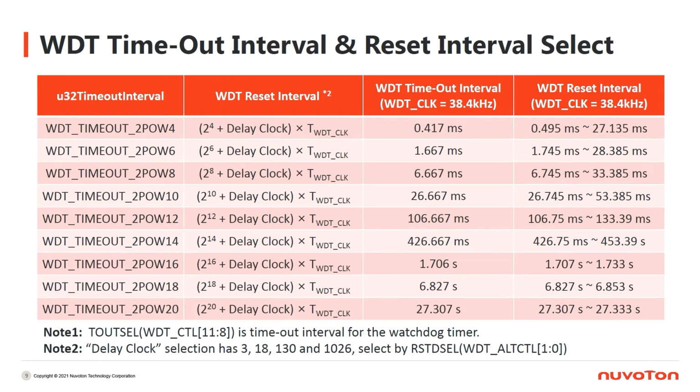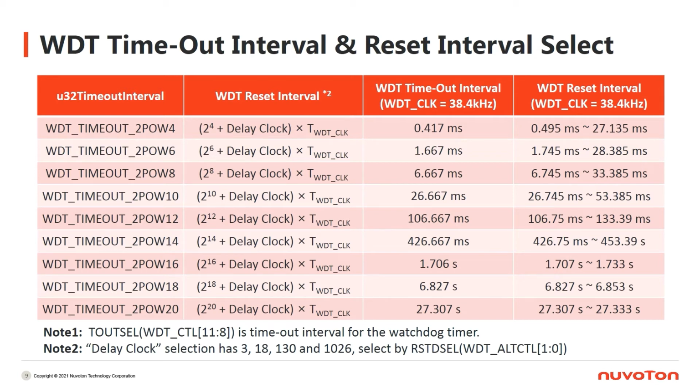Take the first row for example. The WDT timeout interval is 0.417 microseconds. If the delay clock is 3, the minimal one, the WDT reset interval would be 0.495 microseconds.